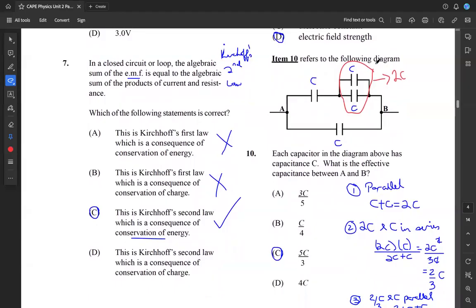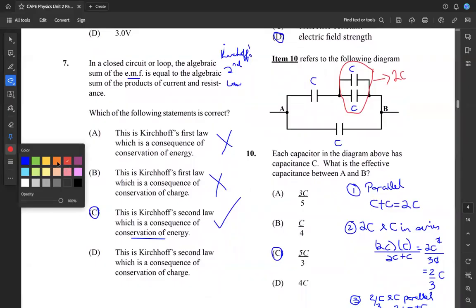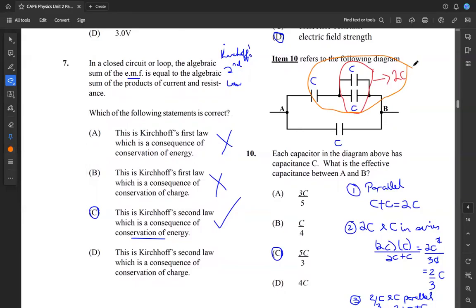So this whole top part here is equal to 2/3 C. Now this top part is going to be in parallel with this bottom piece. And again, when we have two capacitors in parallel, we simply do a linear sum.